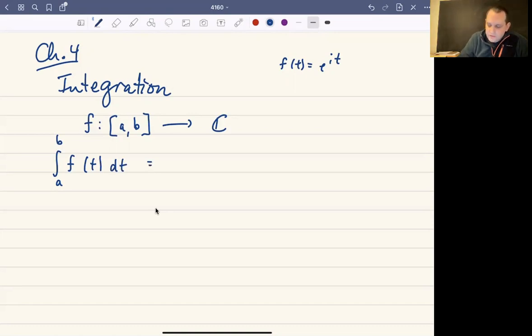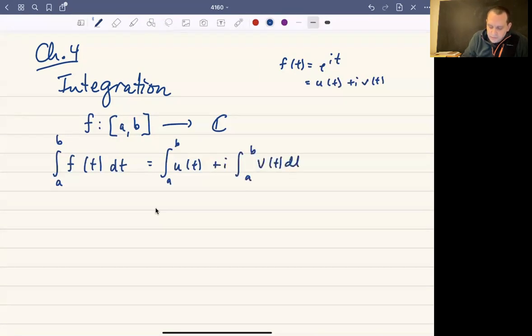So if f were to be, say, u of t plus i v of t, this would be the integral of u from a to b. So again, that's just the real part plus i times the integral of the imaginary part. And everything is perfectly straightforward. There's no complications. That's how we define a function if its inputs are real numbers, even if the outputs are complex numbers. So nothing interesting or different so far.